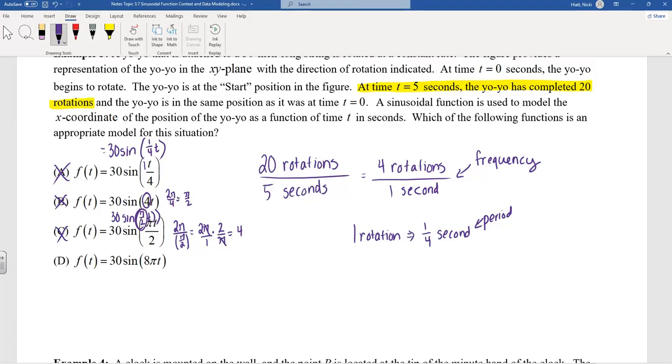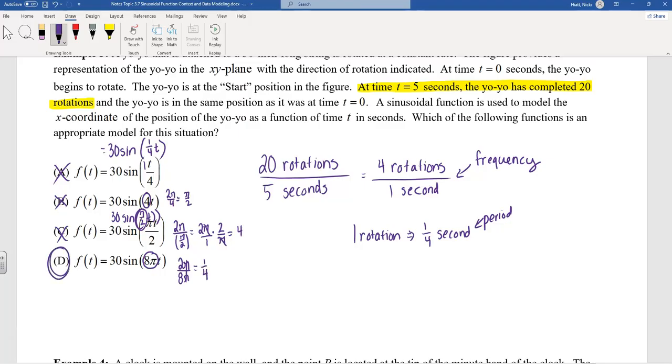What is the B value for D? Interesting. It is 8 pi, because that's what's being multiplied by our t. So we'll do 2 pi divided by 8 pi. The pi's will cancel. 2 over 8 reduces to 1/4.